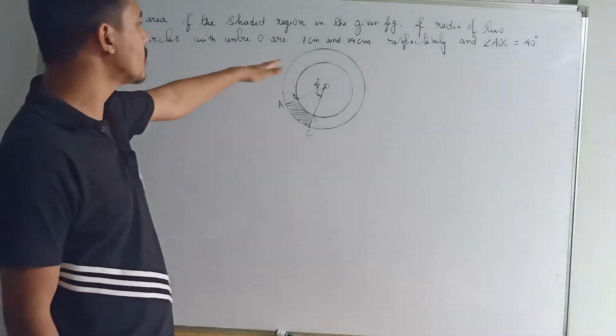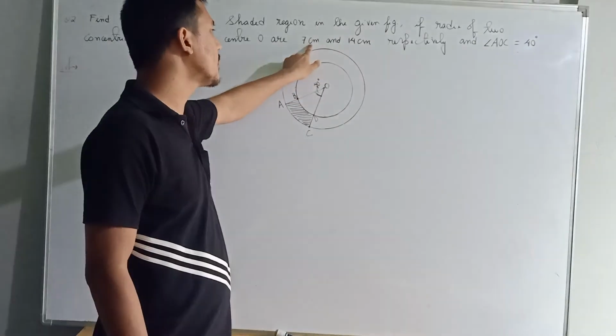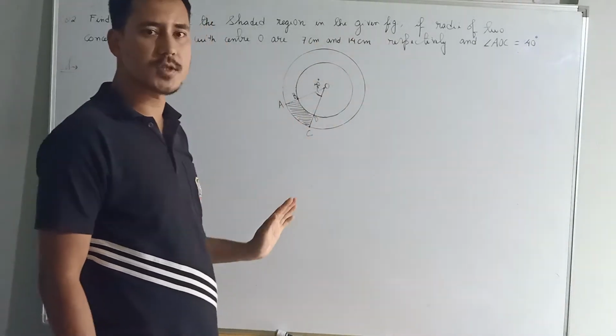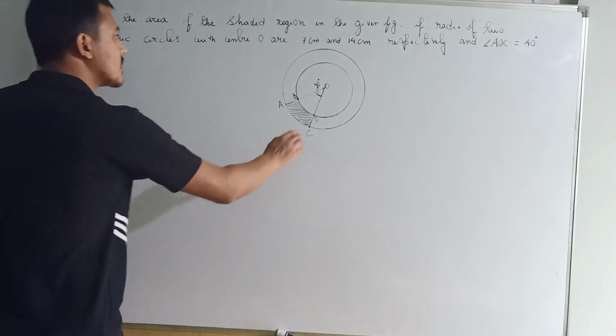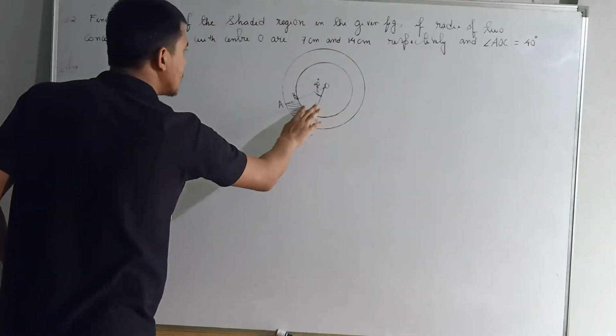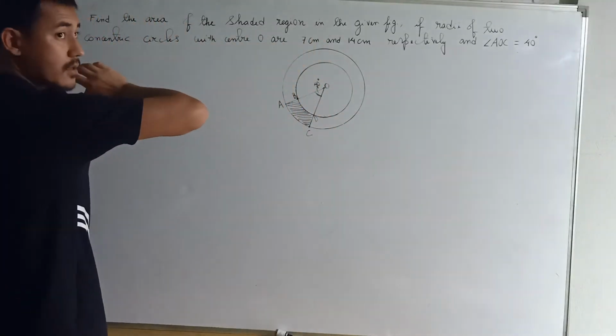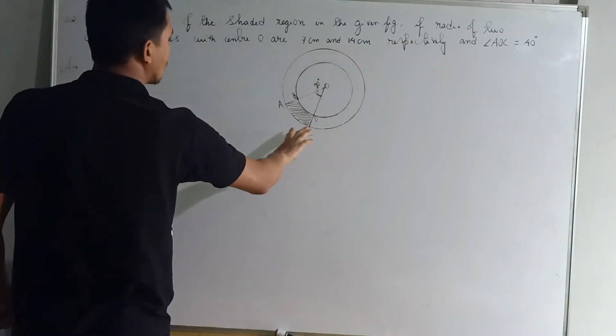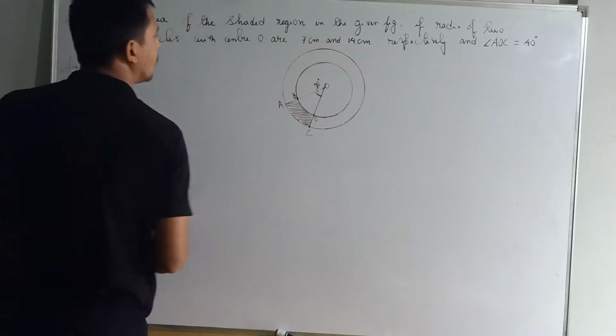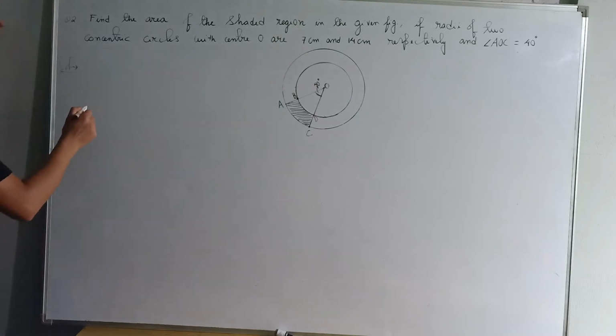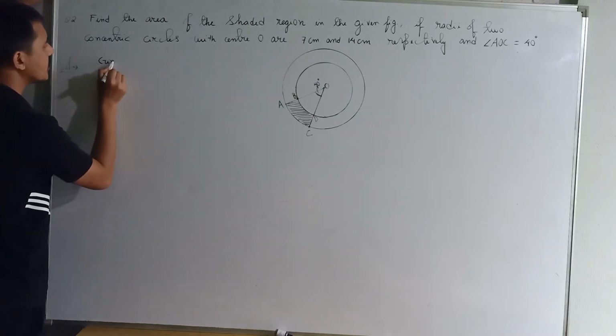The radii of the two circles are given to be 7 cm and 14 cm respectively. That means the radius of the inner circle is 7 cm and the radius of the outer circle is 14 cm. So I'm going to write what is given.